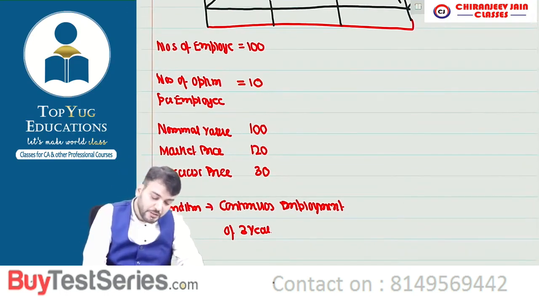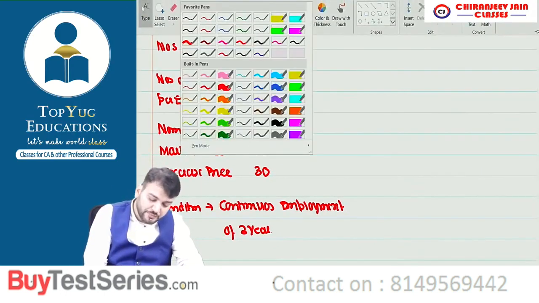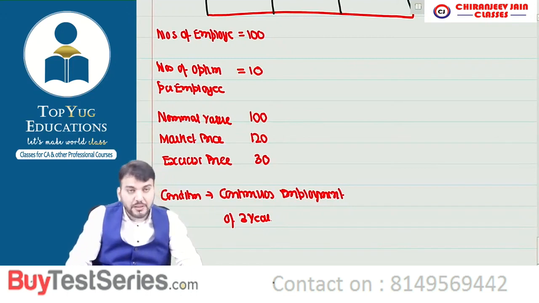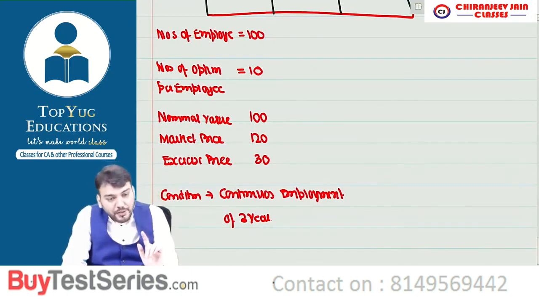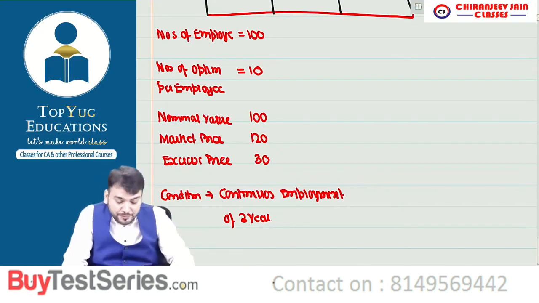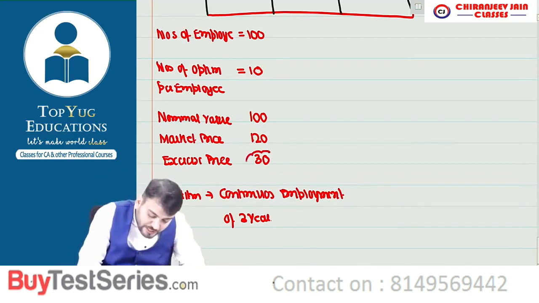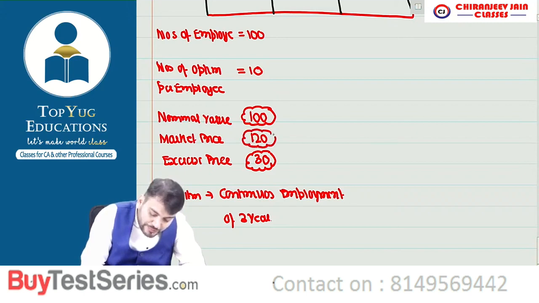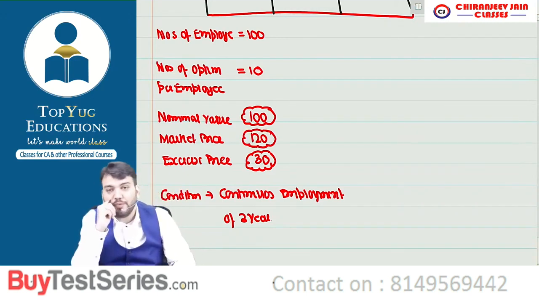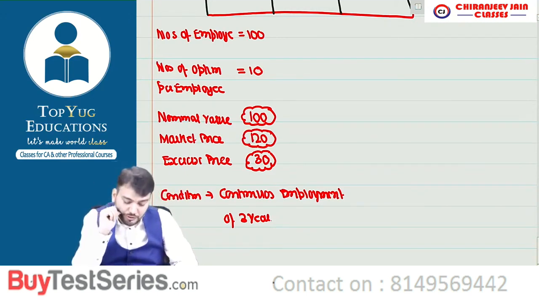Now, first my question arises. Just try to understand. The shares will be issued at rupees 30, whose face value is 100 and whose market price is 120. Market price is 120. Correct? Understood?